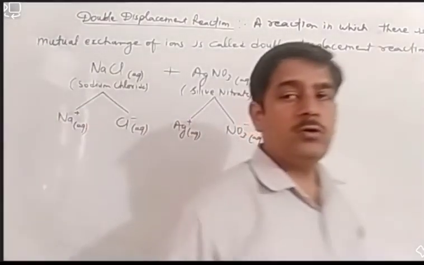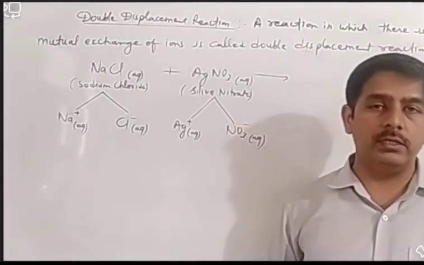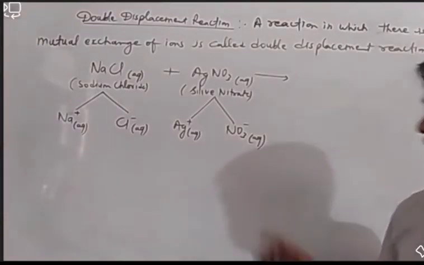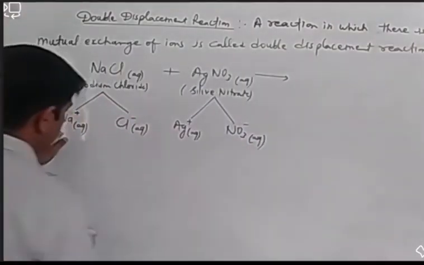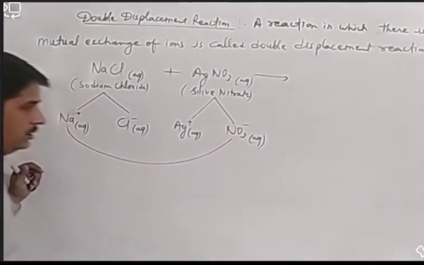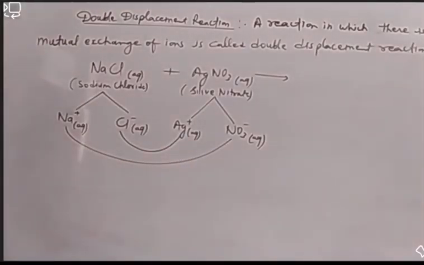In a double displacement reaction there is a mutual exchange of ions. The positive ion of one reactant will combine with the negative ion of the other, and the negative ion of this compound will connect with the positive ion of the other one.